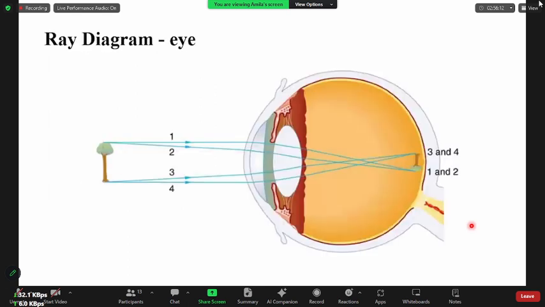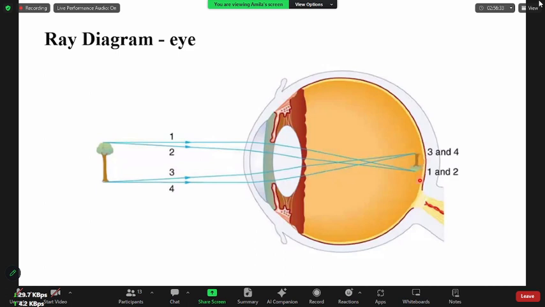So if you take the eye, this is how you can see. Let's say you have a tree. You have a lens in your eye, so it will focus the image onto your retina.